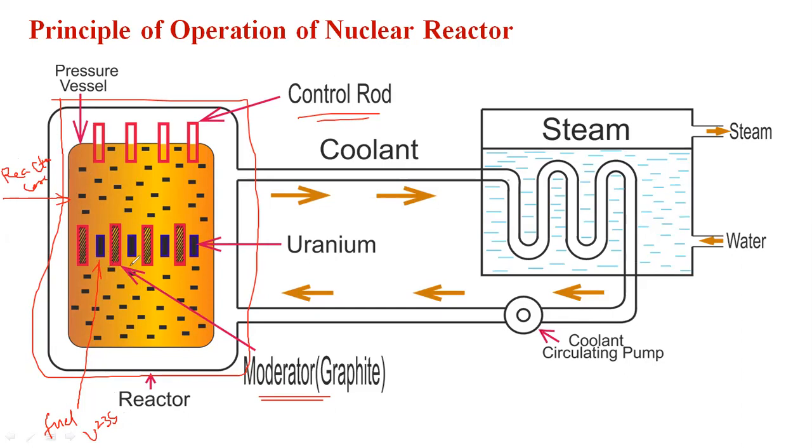Generally, the reactor core is constructed with graphite bricks, and the concrete thickness should be 2 to 3 meters. The shape of the reactor core is cylindrical, with a large pressure vessel. Whenever the fuel is utilized, it releases fast neutrons.